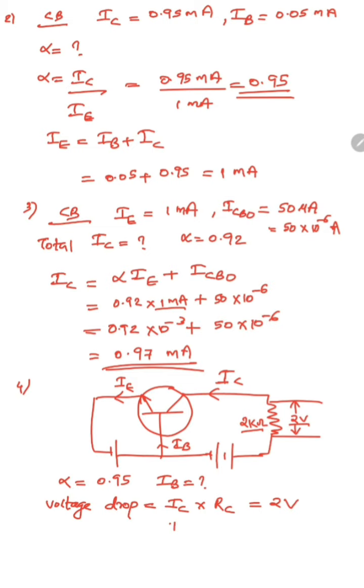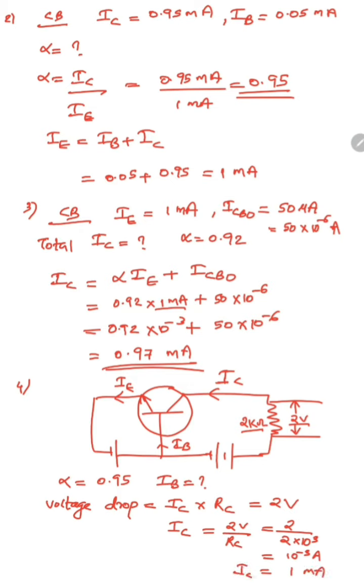RC is also given, so we can find IC. IC is equal to 2 volt by RC, that is 2 by 2 kilo ohm. Kilo is 10 raised to 3, so that is 10 raised to minus 3 ampere, which is equal to 1 milliampere.